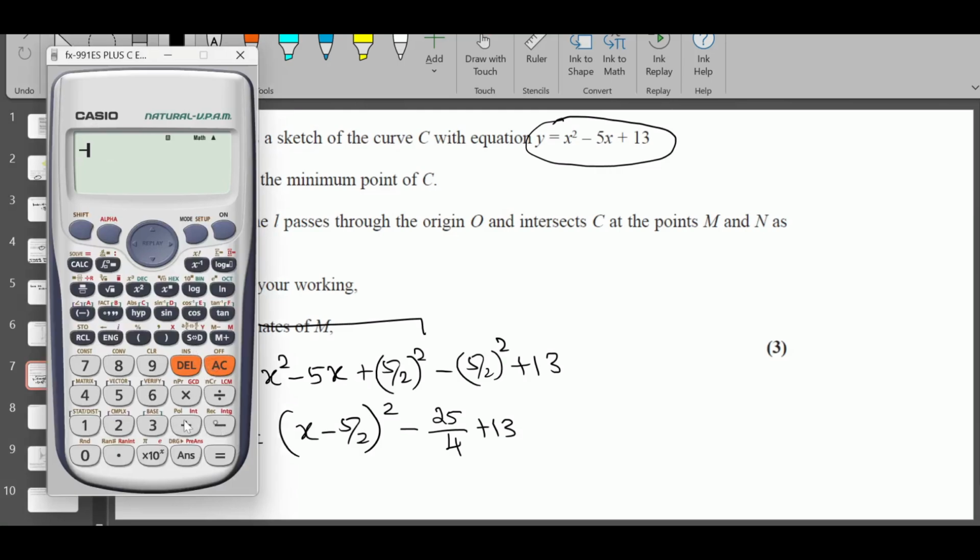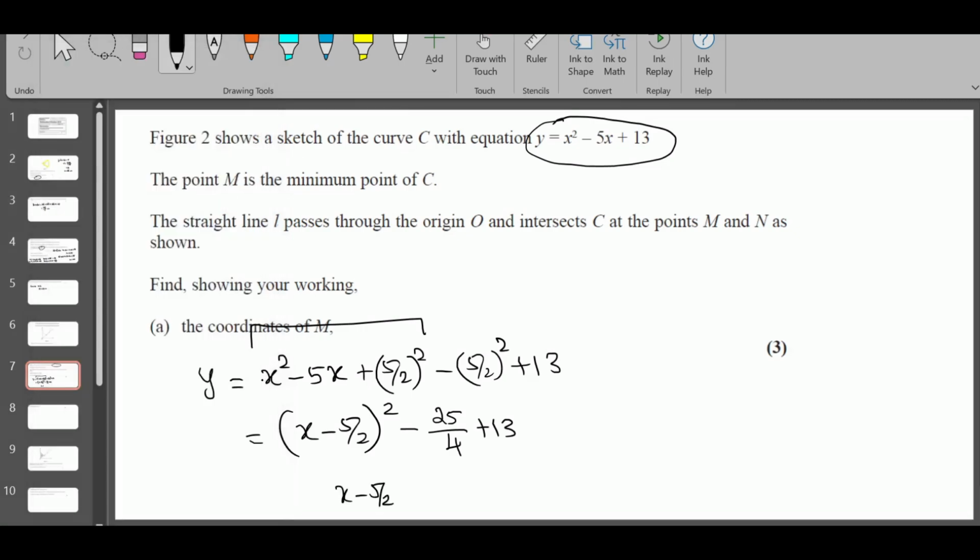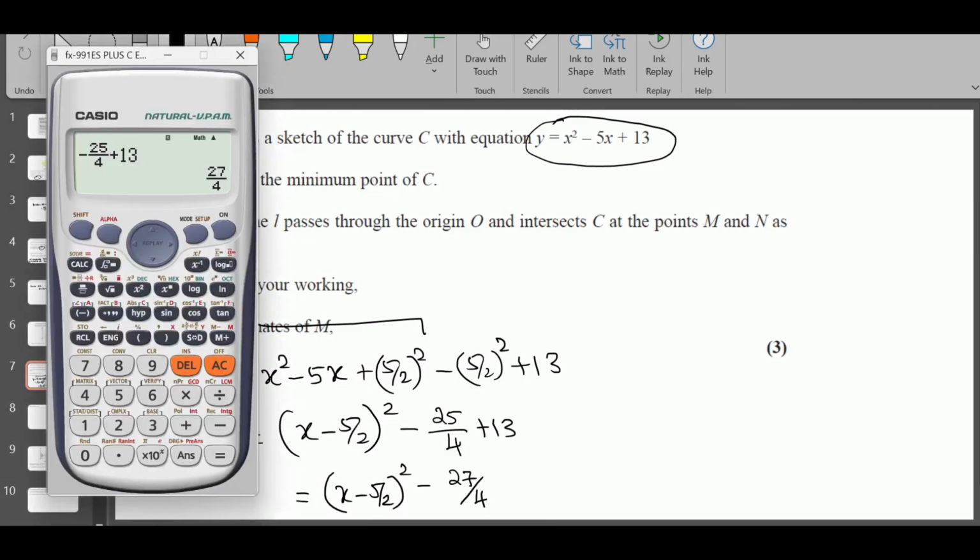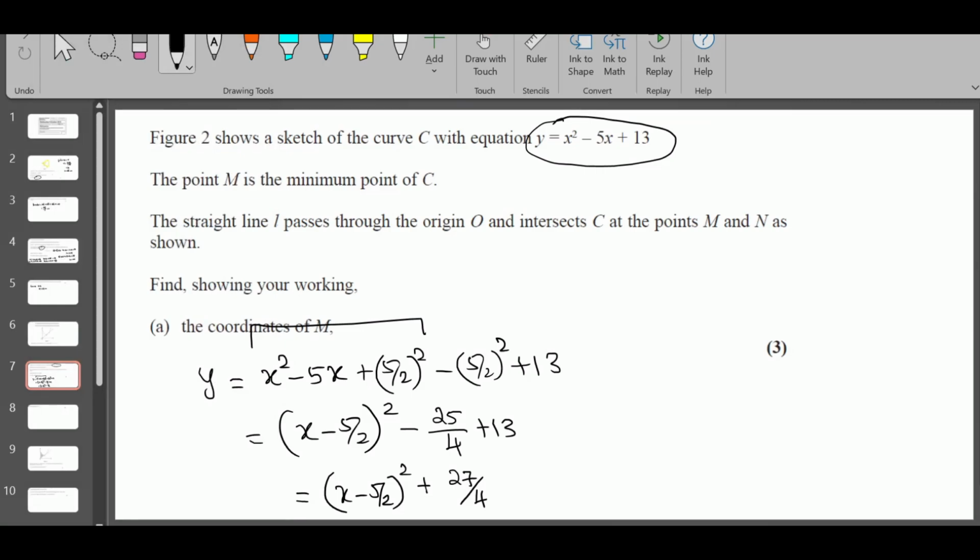So minus 25 over 4 plus 13 is 27 over 4. So x minus 5 over 2 whole square plus, sorry, it's positive, right? Positive 27 over 4.